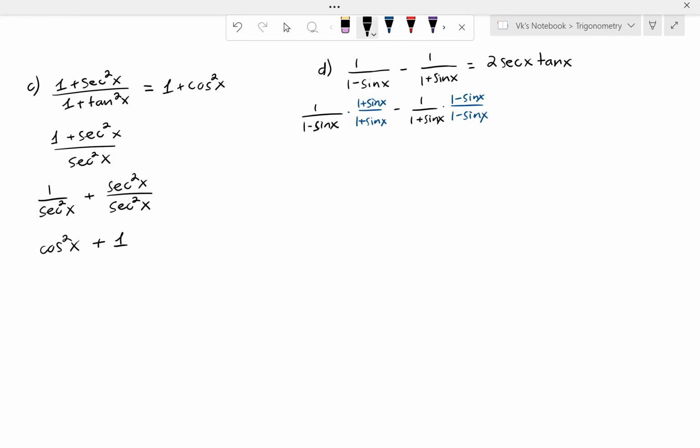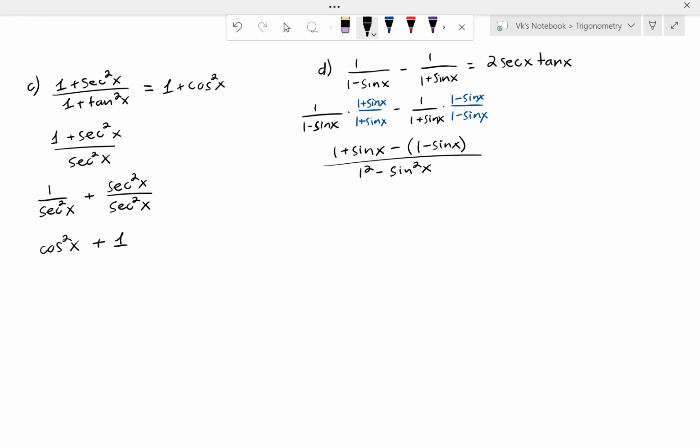Okay. We have 1 plus sine x minus 1 minus sine x over the common denominator, 1 squared minus sine squared x.